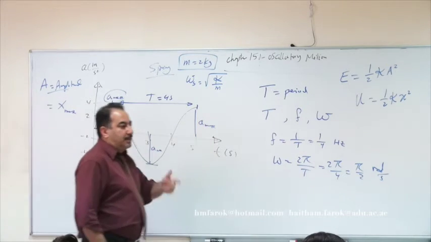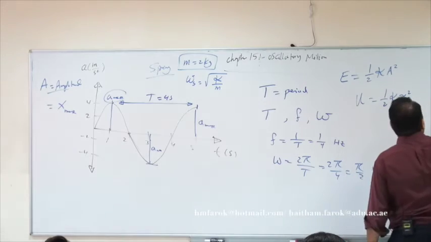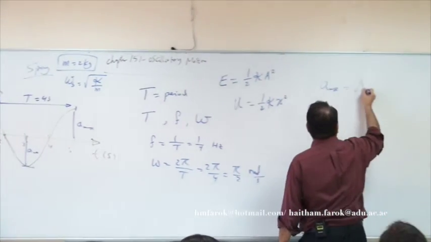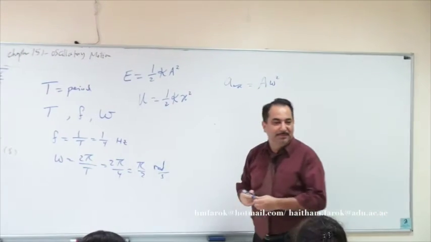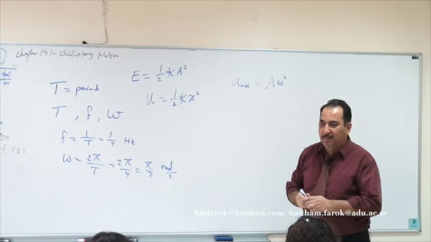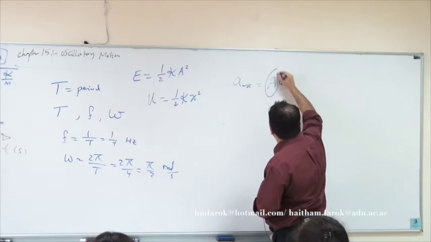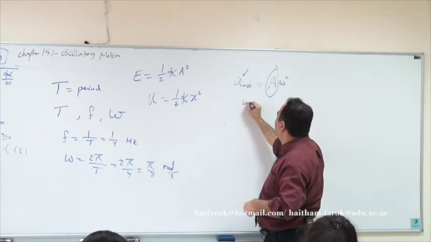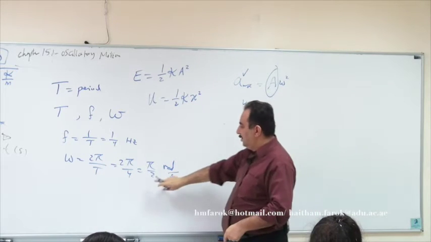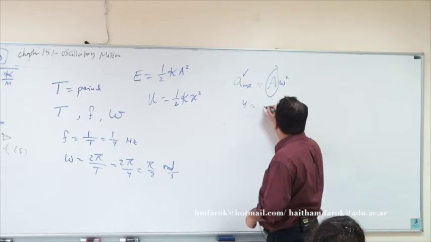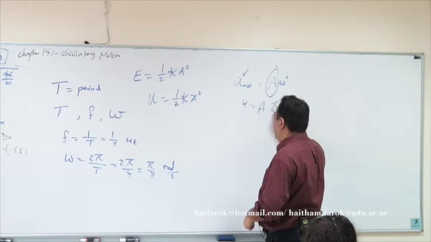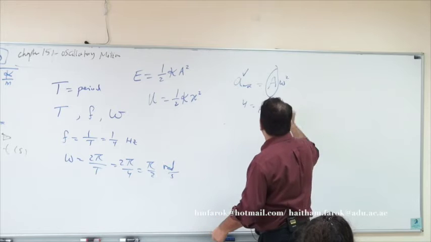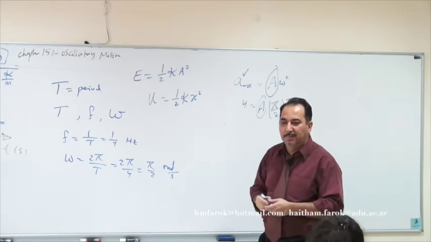Okay, you go to A max. What is A max equal to? Amplitude multiplied by omega square. Now, you want amplitude. From the graph, omega is pi, square, then you find the amplitude.